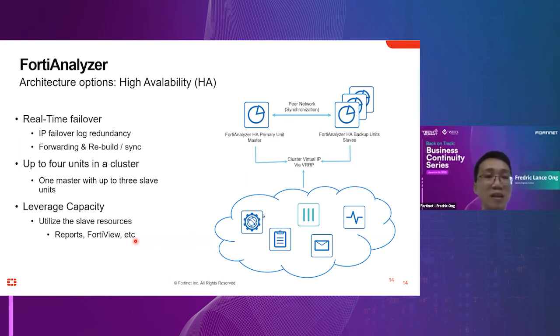That means as long as one of them is still up, the system should still be up, unless all of them fail. And it will leverage capacity, so you can share the resources. The overall performance will be better if you have a cluster. This is applicable for larger or very large deployments.